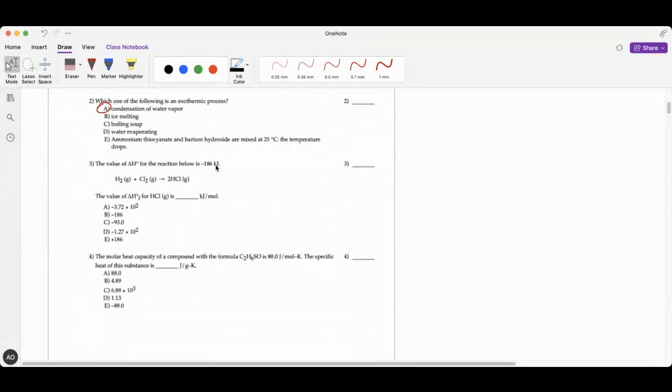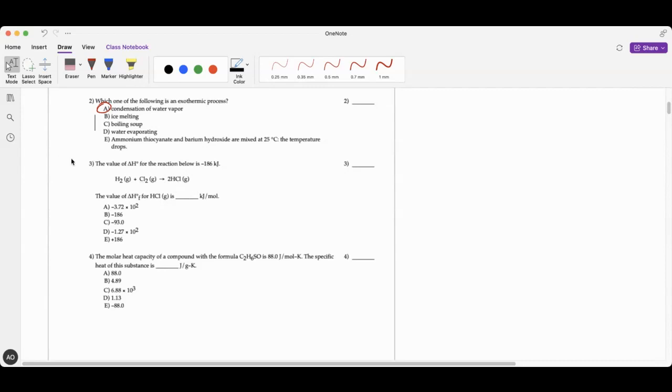Okay, the value of delta H for this reaction here is a negative 186 kilojoules. Oh, so here they want the heat of formation for HCl gas.